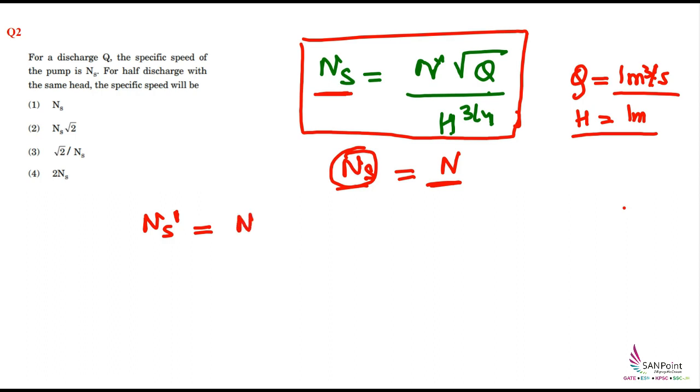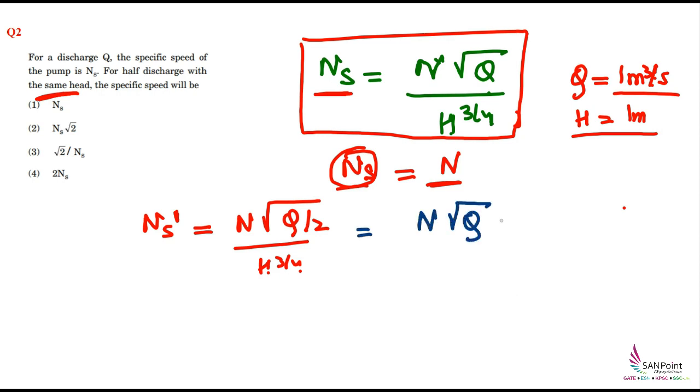So this will be N multiplied by under root of Q. Under root of Q can now be written as Q by 2 because the discharge has been made half. And there is no change in the head; it is said we have the same head now. So H raised to power 3 by 4. Now let's simplify it a bit. So this becomes N under root of Q into 1 by root 2, whole divided by H raised to power 3 by 4.